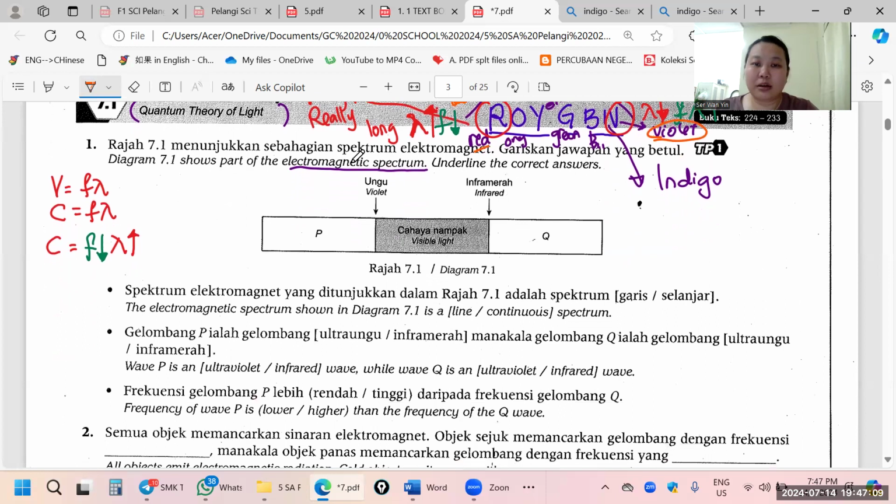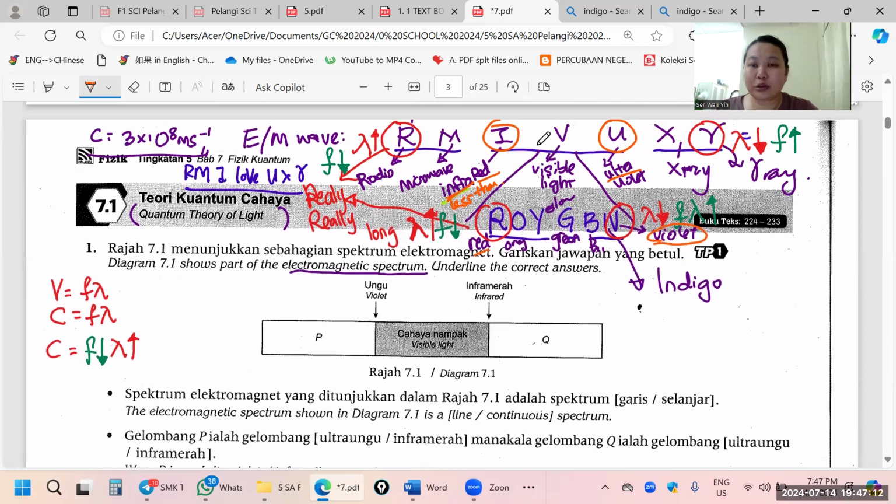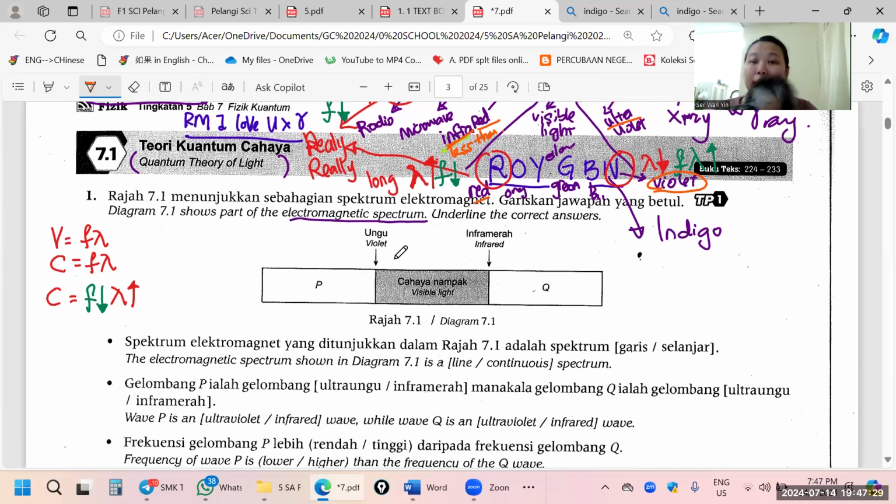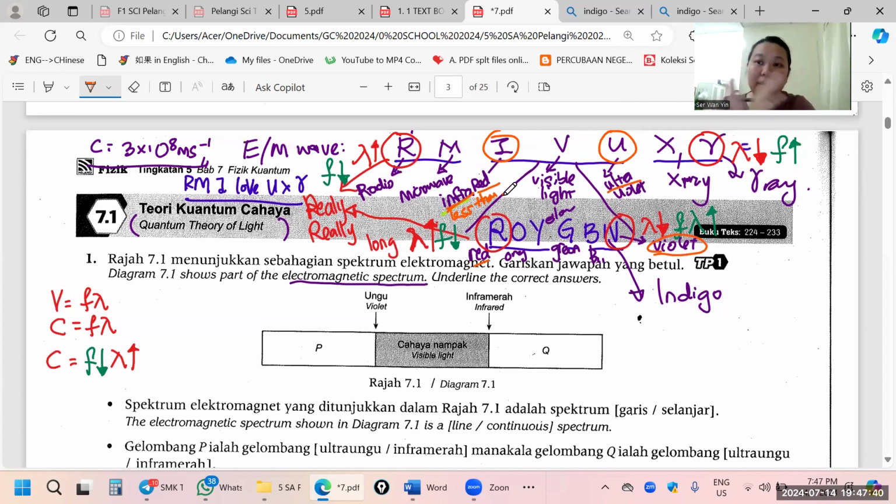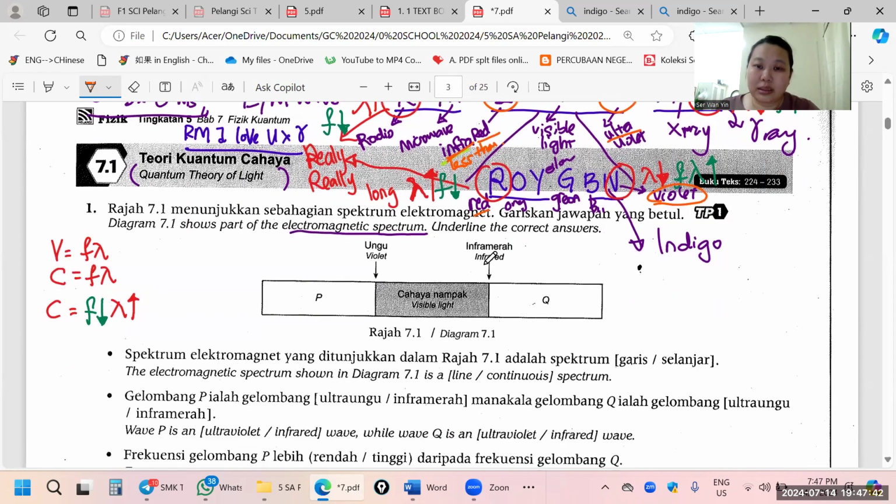So now this is a part of the electromagnetic spectrum. For this chapter, we just learn the spectrum here, visible light. Okay, but you can see that this spectrum is different from mine, left and right are opposite now. So this is infrared, so here is red.